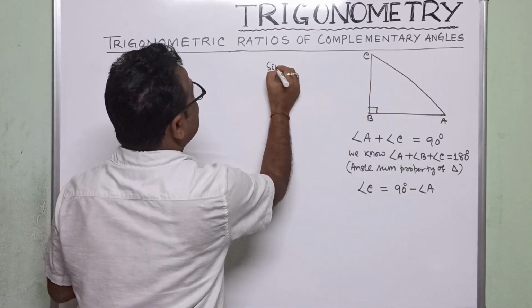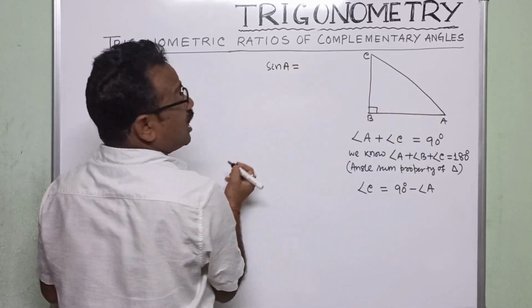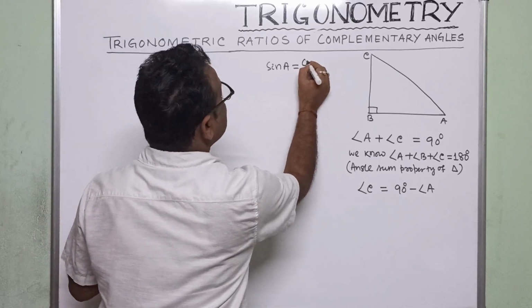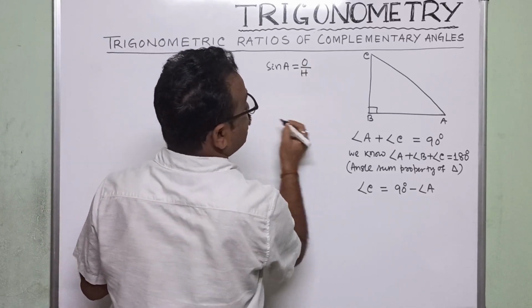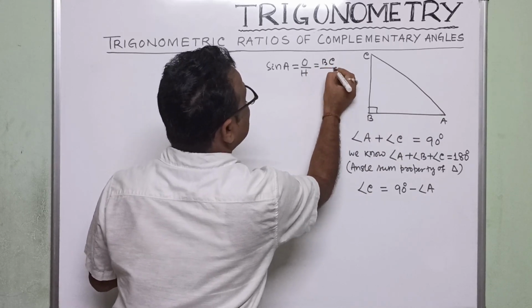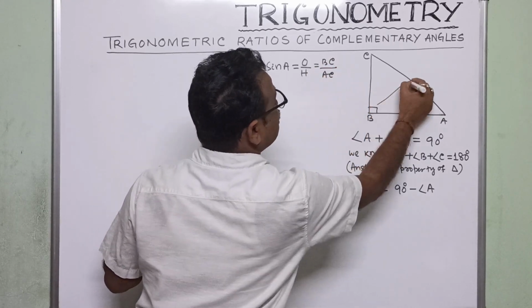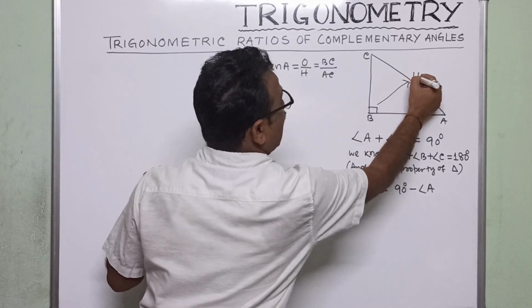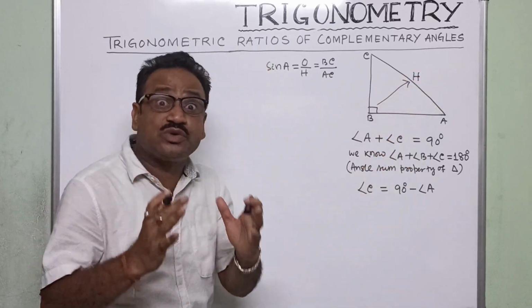Now see sin A. You know, opposite by hypotenuse. So sin A is equal to BC by AC, because AC is the hypotenuse, the side opposite to the right angle.